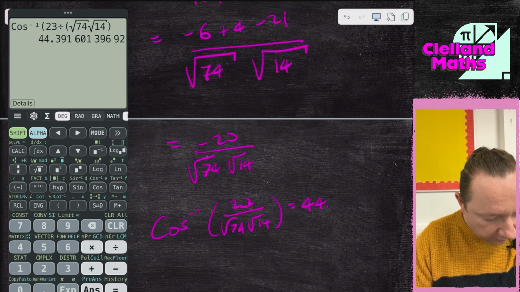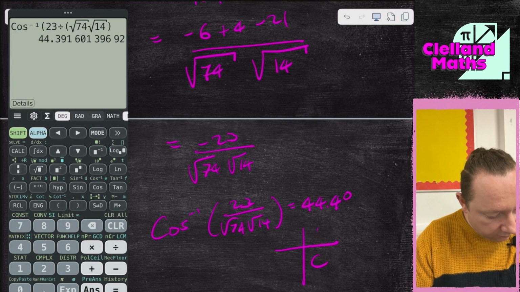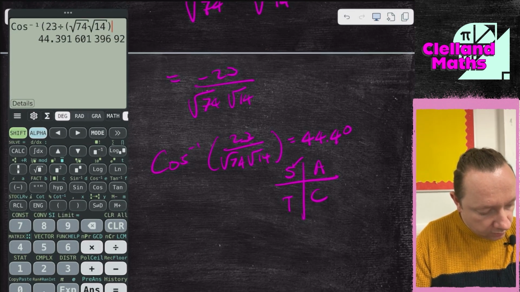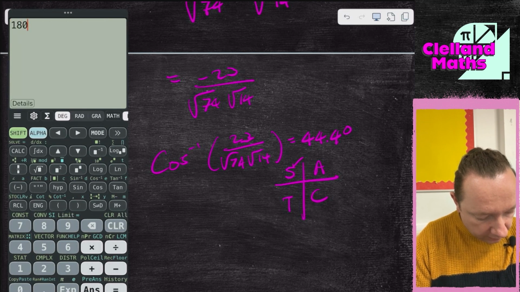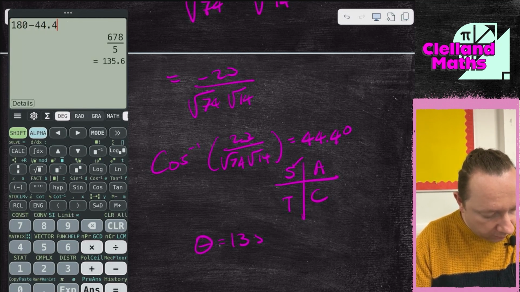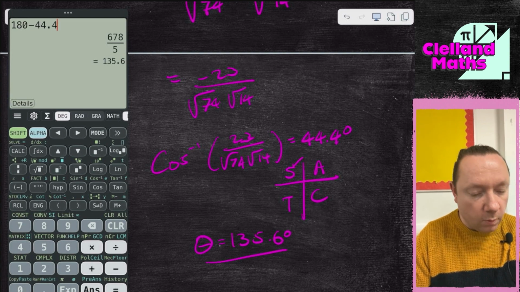It's 44.39 degrees, or 44.4 degrees. But our thing was negative. So we choose the angle there would be 180 minus 44.4. So our theta is 135.6 degrees, which is what we would usually be working out.